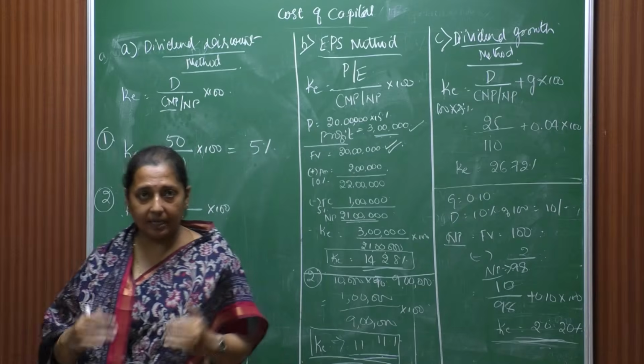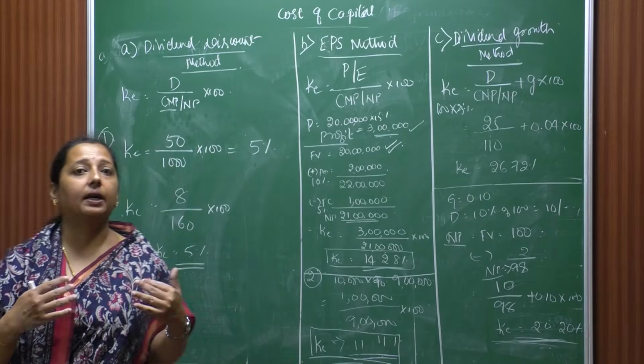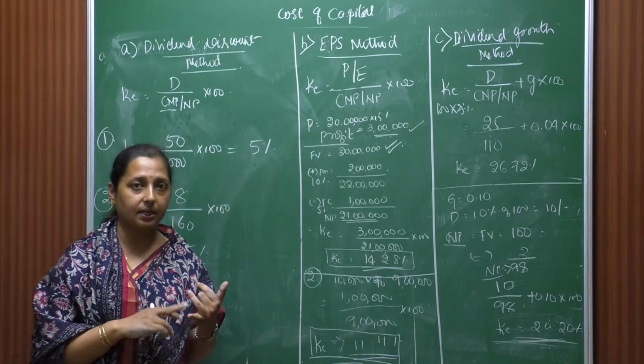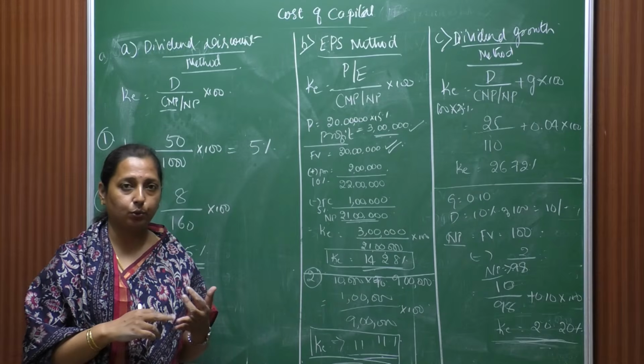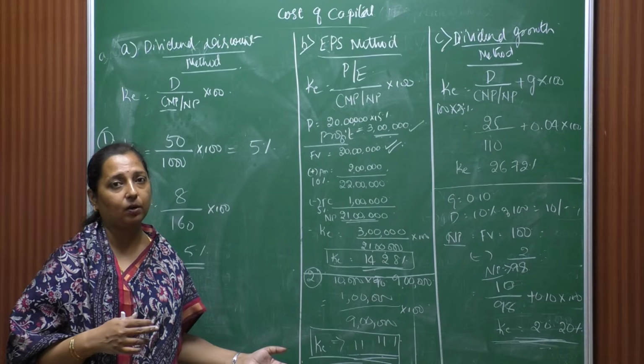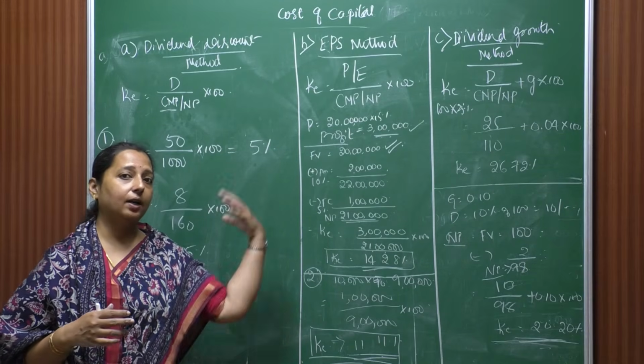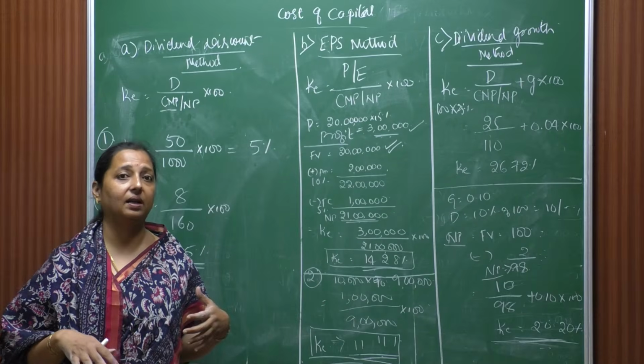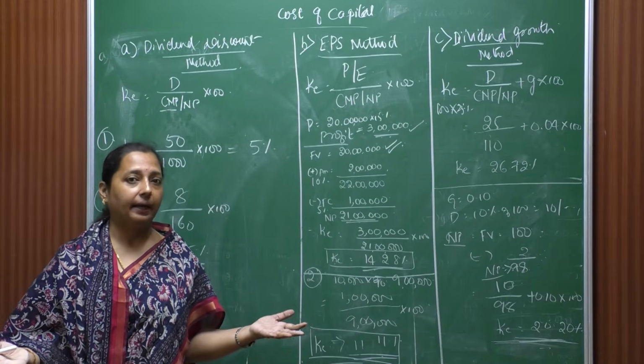So till here we came to know how to calculate the cost of debt, the cost of preference share with the two methods, irredeemable and redeemable, and the cost of equity. These are all the basics to calculate the weighted average cost of capital.